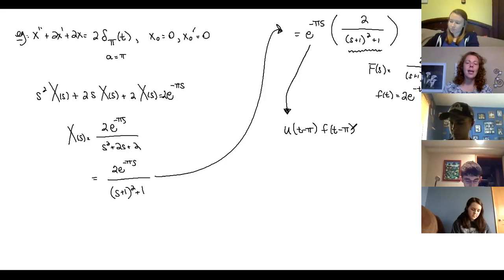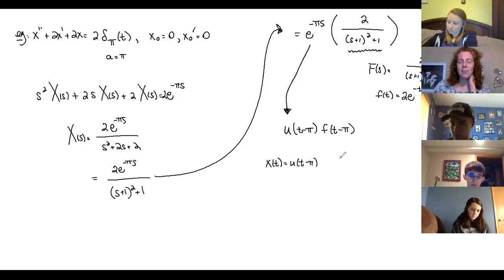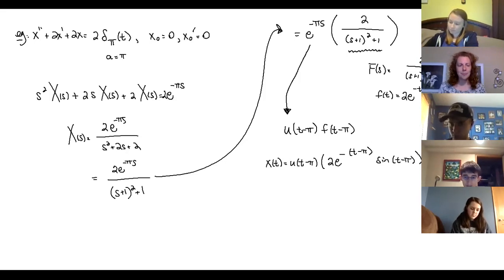So my final answer, little x of t, is u of t minus pi times 2e to the negative t minus pi sine of t minus pi. Daniel, this is the homework question you were asking. That's how we deal with the e's out in front.